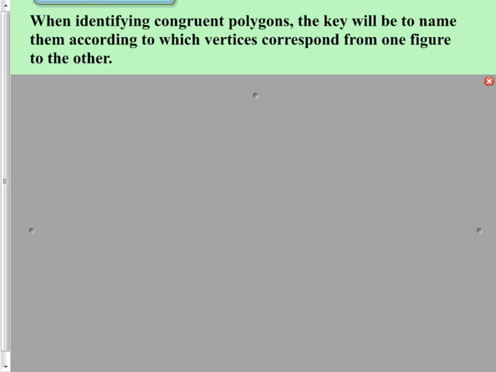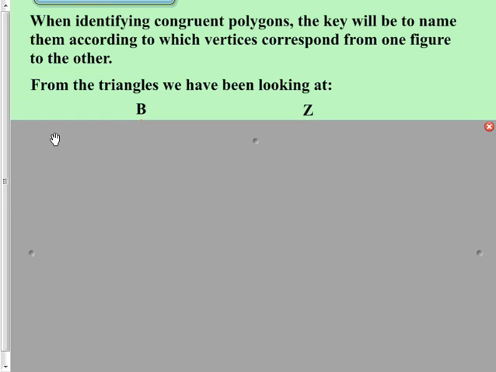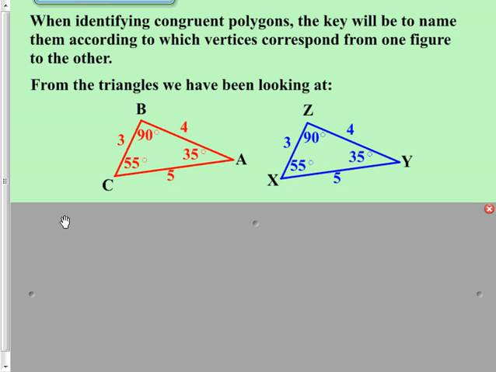They correspond because they have similar properties from one location in one figure to another location in another figure. Okay, so from the two triangles that we have been looking at, when we go to name them, we name them according to which vertices correspond from one figure to the other figure.